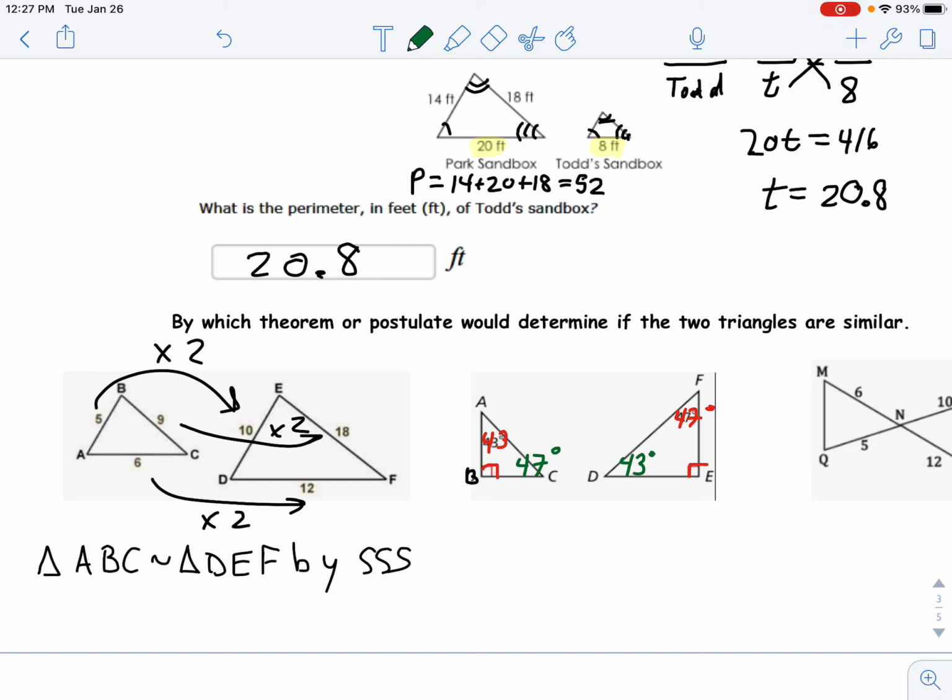So since all the angles are congruent, specifically 2, I can say triangle ABC is similar to triangle DEF by angle. All right, remember, just the angle postulate, that's the bare minimum information we need, because once you have two angles, the third angle is guaranteed to be true, so that's why we just call it angle.